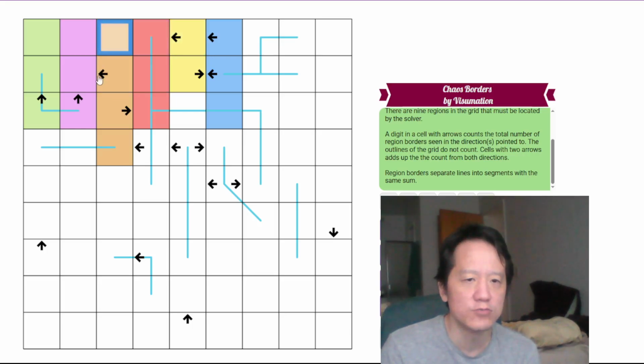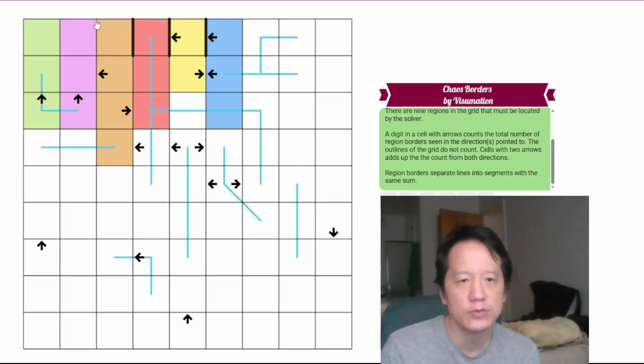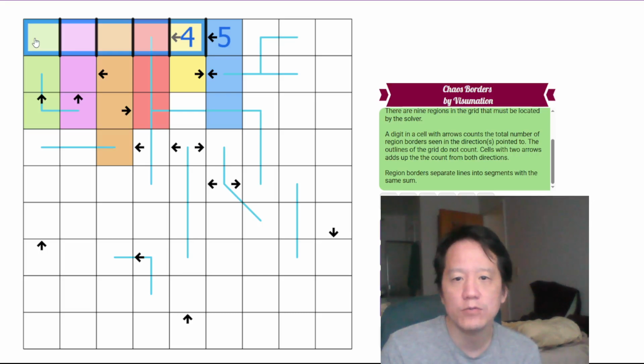These two regions have a border, that's 2. These regions have a border, that's 3. So the region borders here would be 1, 2, 3, 4, and 5. So in this instance, this would be a 5, and this would be a 4, because this, again, sees 1, 2, 3, 4 region borders.